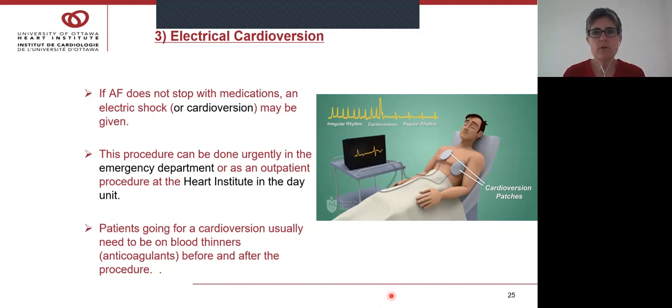If you're not on blood thinners and you've been in atrial fibrillation for longer than 24 hours, or it's unclear how long that episode may have lasted, then normally they'll put you on blood thinners and delay the cardioversion for at least a month, and that's to reduce the risk of stroke. If you're taking blood thinners and you haven't missed any doses, then we know it's safe to do a cardioversion in that case.